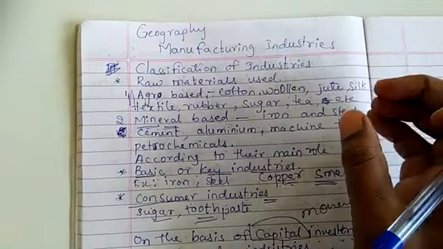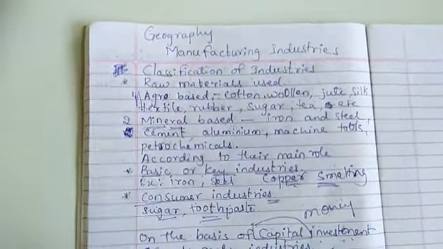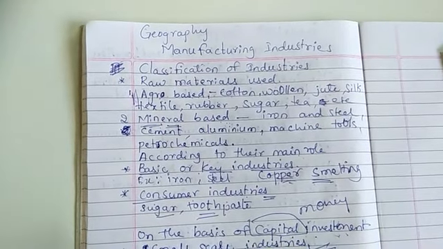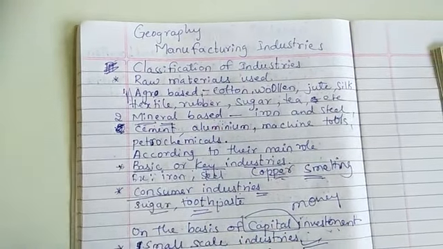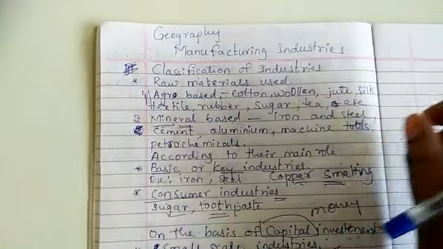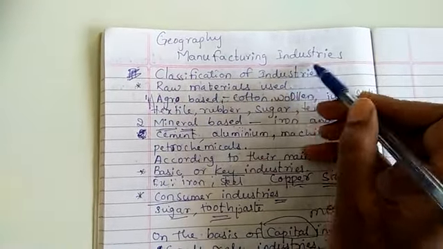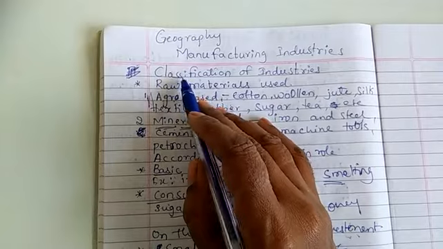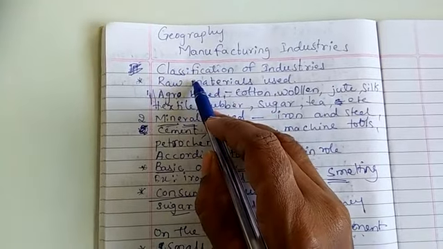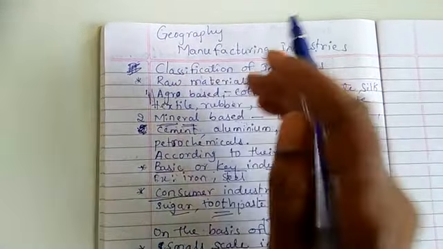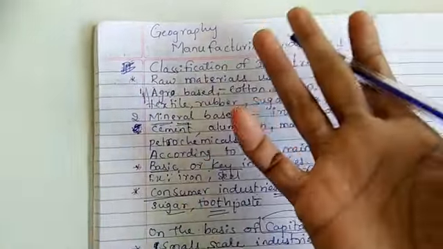All industries do their work in different ways. On that basis, we are making a classification of industries on the basis of what they are producing.